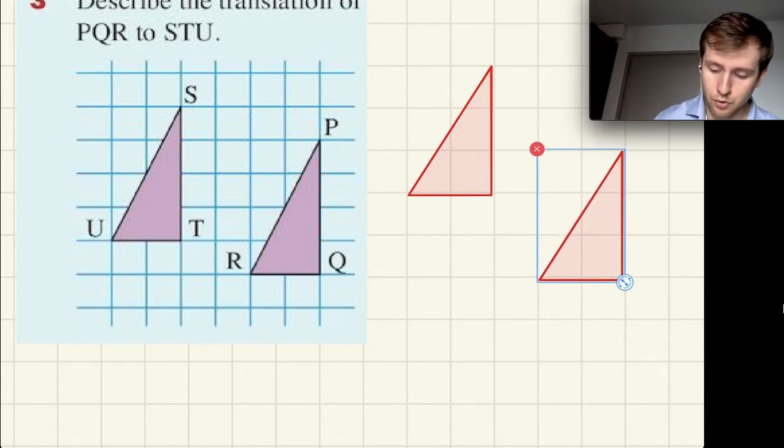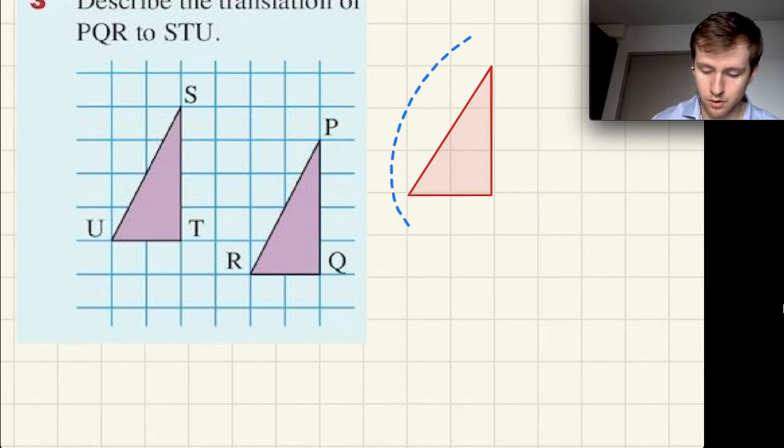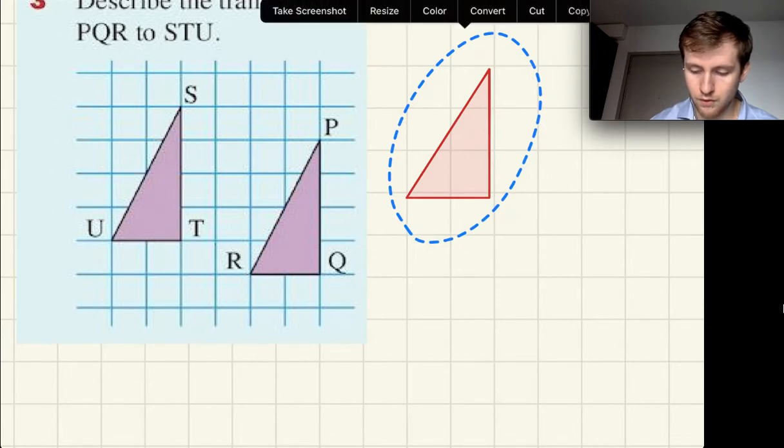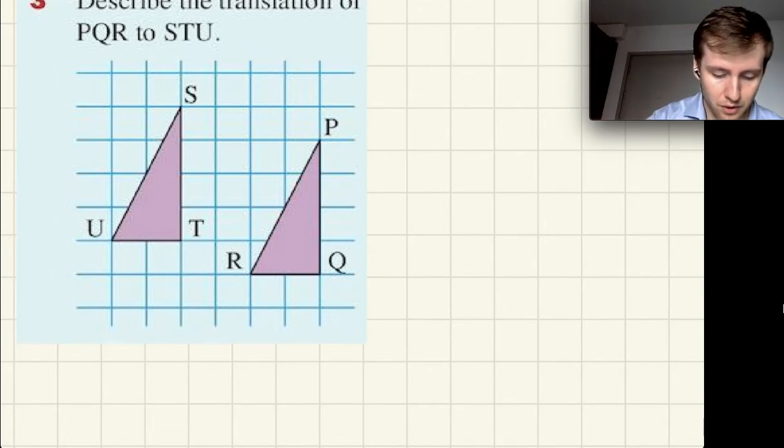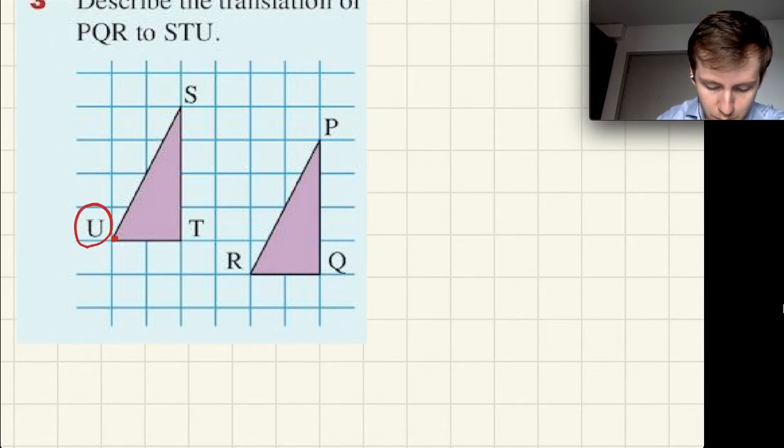So to describe the translation, we have to find how far exactly each point has moved. Let's pick the point U. So point U becomes point R after the translation happens.